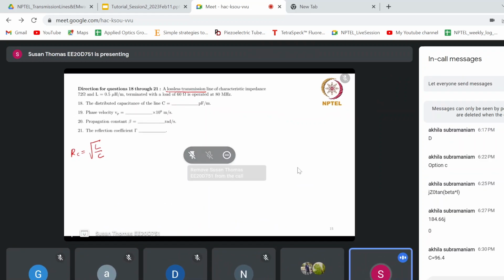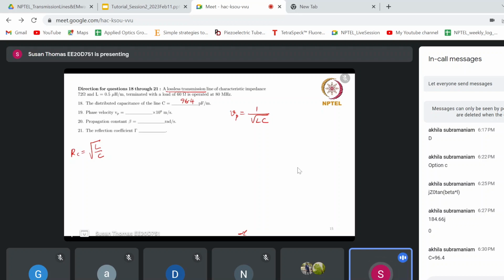Units please. 96.4 supposed to be, yes, picofarad. It's already here. Yeah, 96.4 picofarad per meter. Can we have the next, Vp? Answer for Vp. Vp is 1 by root LC. I expect answers from everyone.